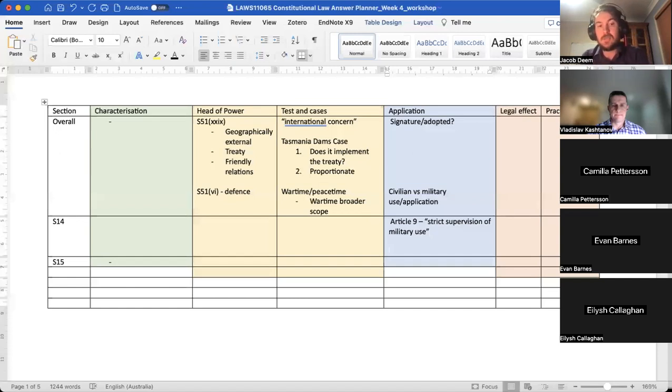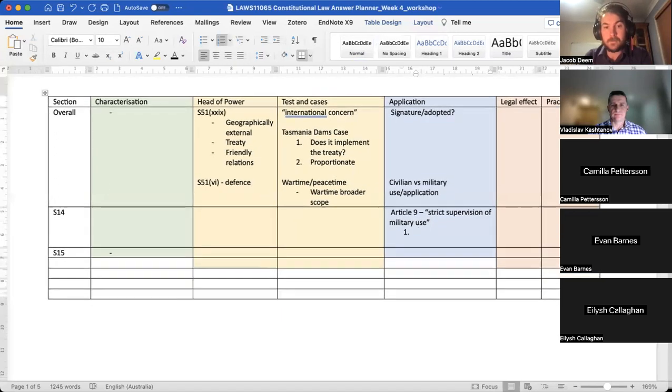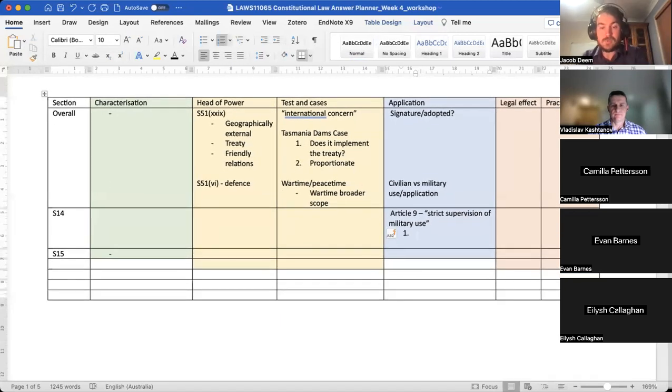Does section 14 implement that? Does it provide for strict supervision of the military use of these avatars? Yes. It's on my other screen, so I can't read out the exact words, but it provides for dangerous work, civilian or military context.